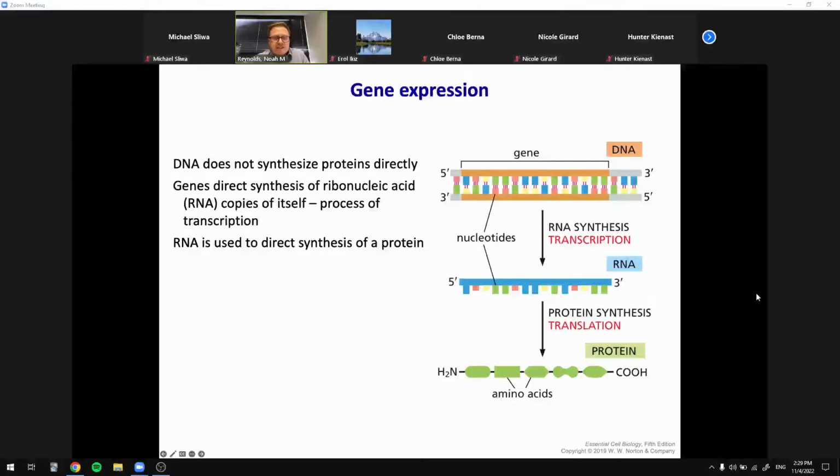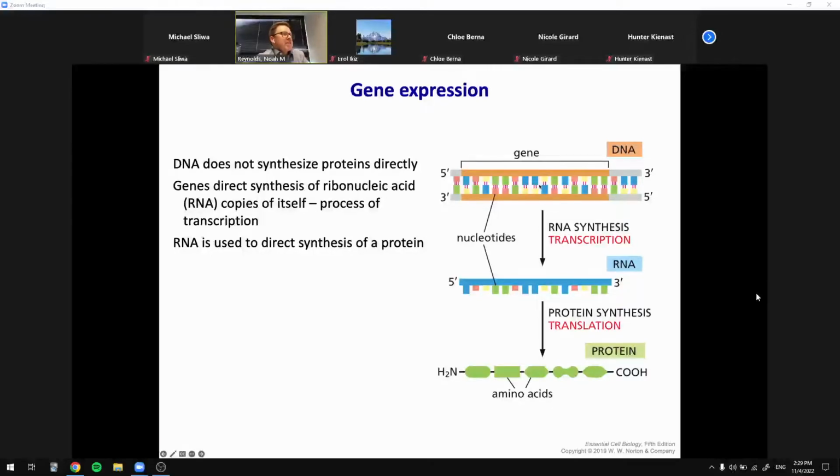Okay, so that brings us to transcription. If we look at gene expression, our DNA doesn't directly encode for proteins. We have a step in between. And so we have an RNA step in between.